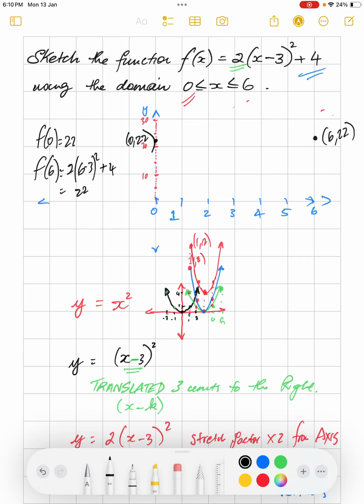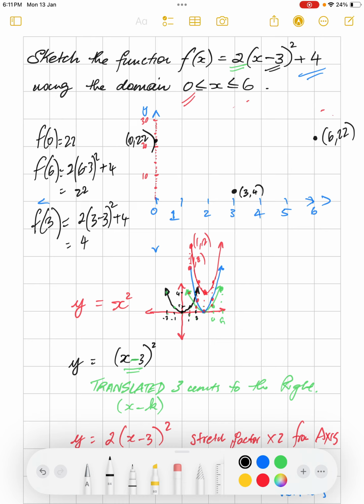Now let's go to these points here, and we see that it's turning at 3. If you substitute 3 in there, you get 2 times 3 minus 3 squared plus 4 equals 2 times 0 plus 4, which is 4. So 3, 4. That's our minimum point.